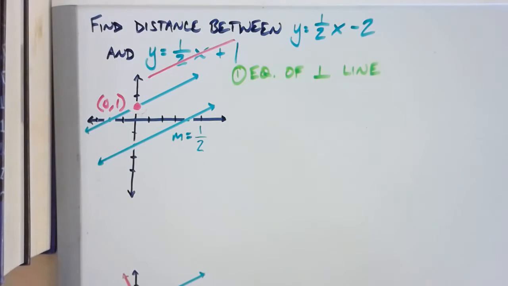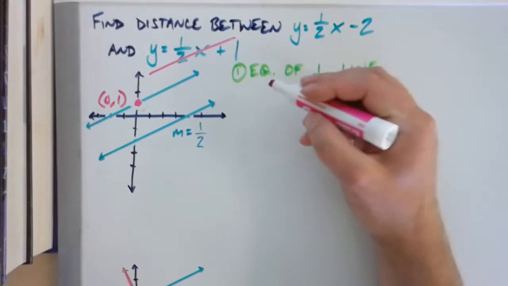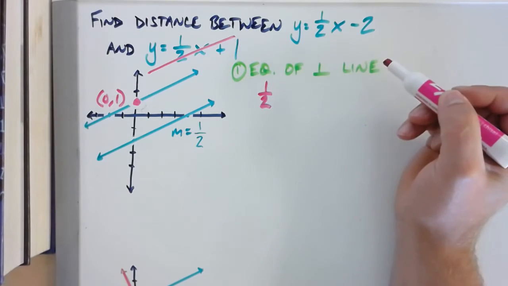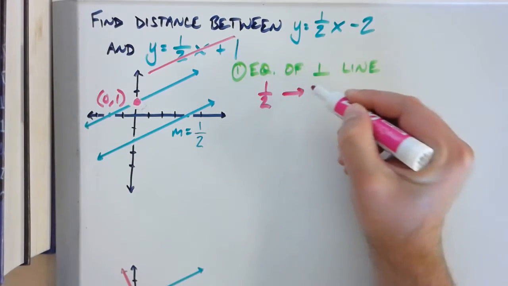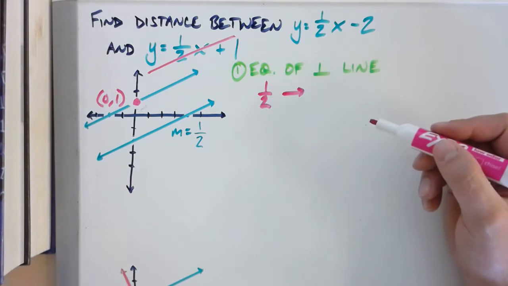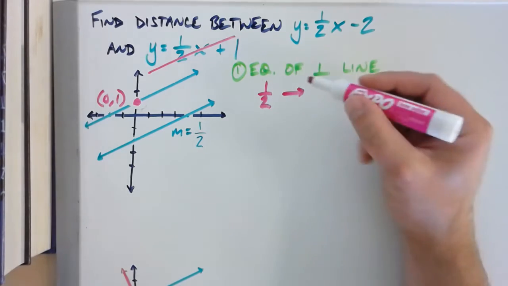And in order to find the perpendicular version of that slope, I'm going to convert that slope using the negative reciprocal. So I would start with my given slope, and I'm going to convert that using the negative reciprocal. Flip the sign, flip the fraction. This is a positive 1/2, so it's going to become negative.